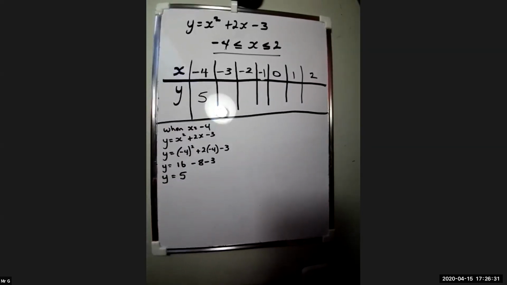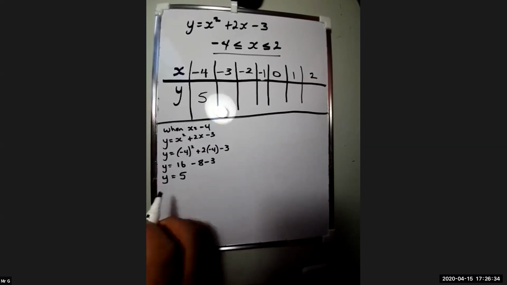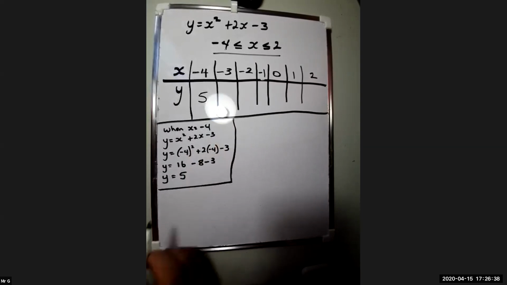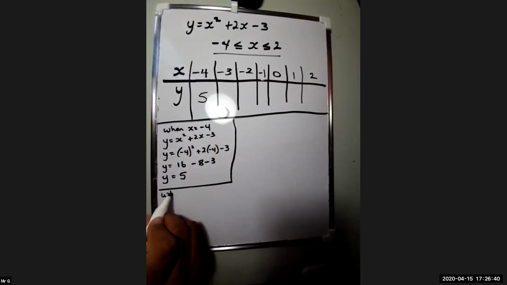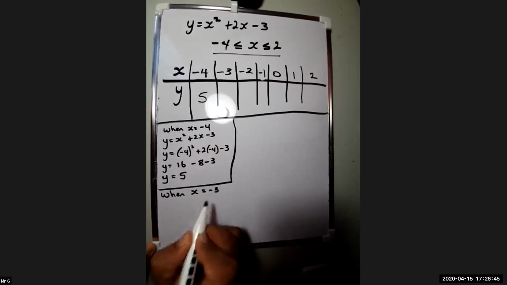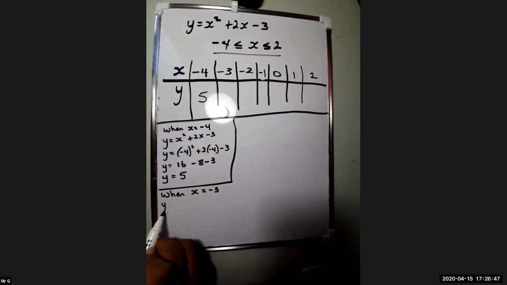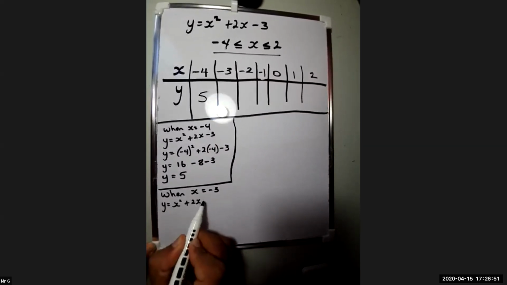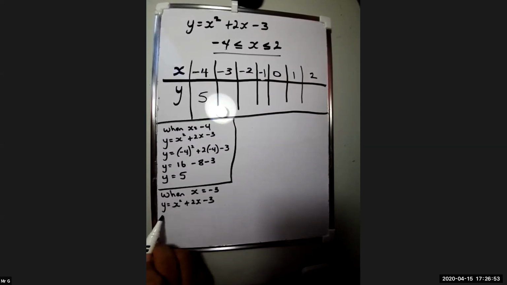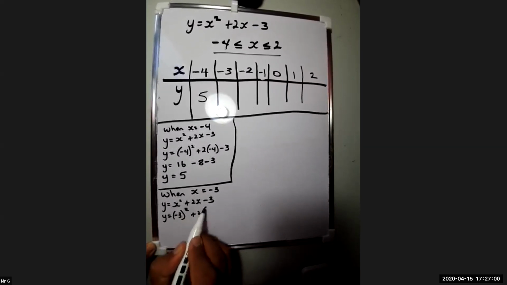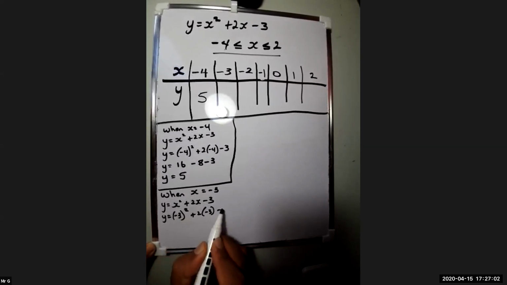Any confusions there? Now we're gonna do the same thing. When x is -3, y is equal to x squared plus 2x minus 3. So y is equal to -3 squared plus 2 into -3 minus 3.